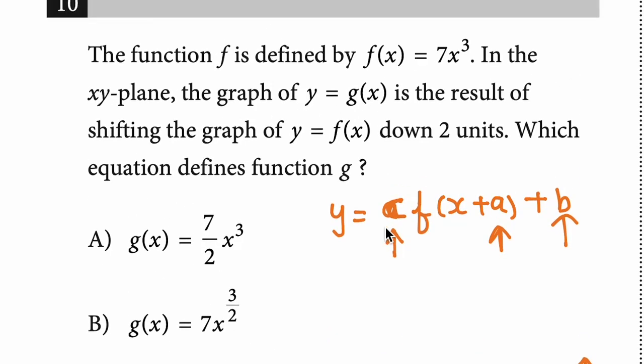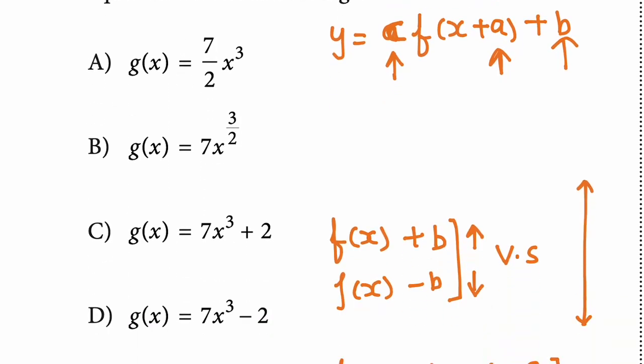So here see what's asked: down 2 units. That means the function will be as it is, and negative 2 with it.